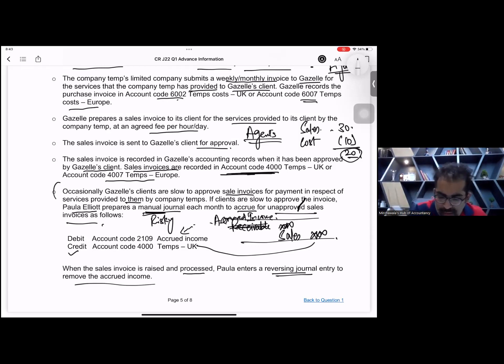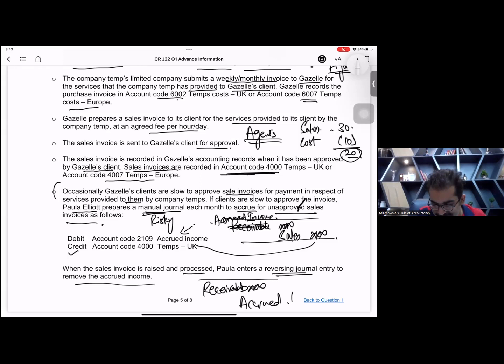Afterward, we convert this accrued income to a real receivable. We make the entry receivable debit. Although accrued income and receivable are almost the same thing, if we go with the terminologies, afterwards, when we send the actual approved invoice, we make the entry receivable debit and accrued income credit.